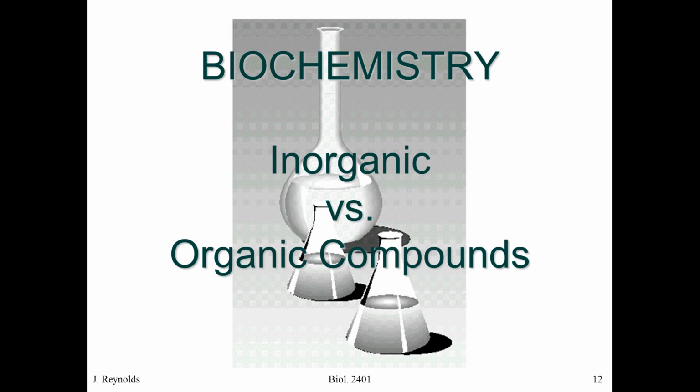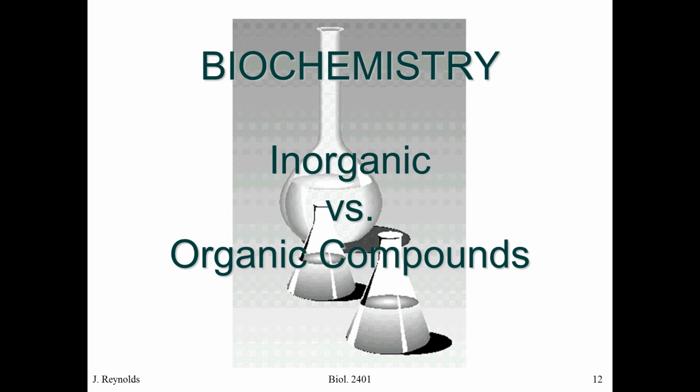So let's look at something like C6H12O6, glucose. It's an organic compound. There's carbon in there. In fact, you've got to have carbon for an organic compound. But it's more than just carbon, because if it was just carbon, CO2 would be an organic compound, but it's not.